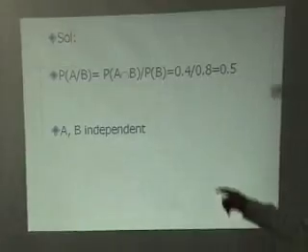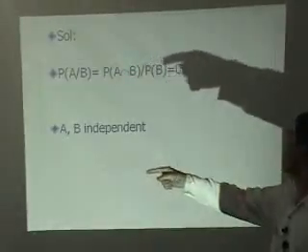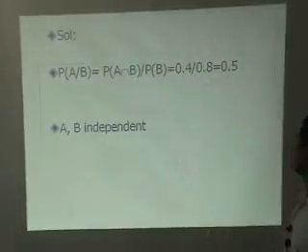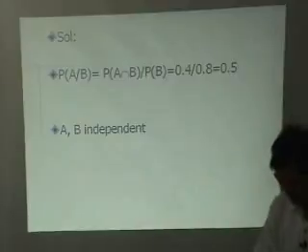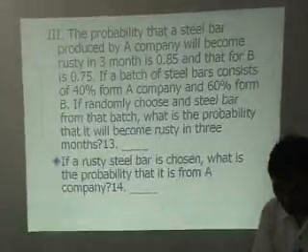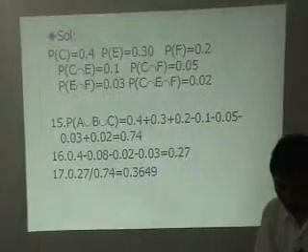So the probability of A given B is the probability of A and B, given the probability of B. I think I mistook it somewhere.